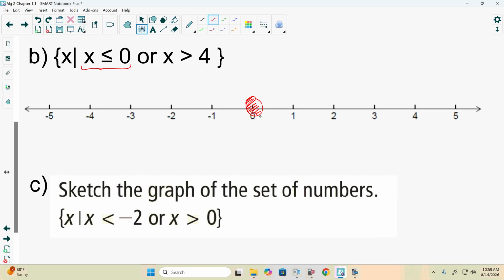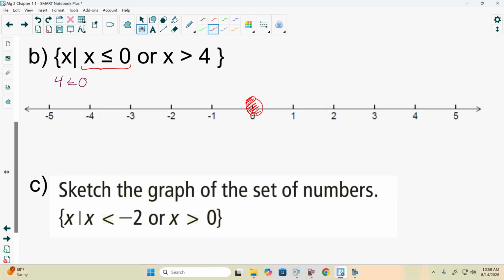That's where we sometimes get stuck, yes? So what's a number to the right of 0? 4. One thing we can do, especially if we're not sure, is pick a point to the left or to the right. So 4 is to the right, yes? So we'll plug it in for x.